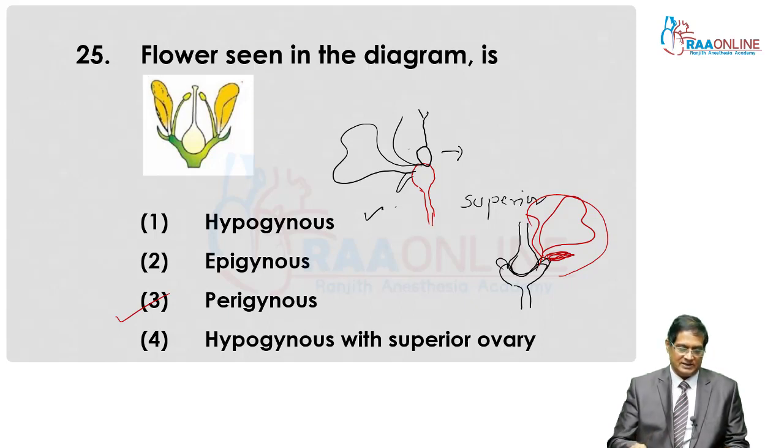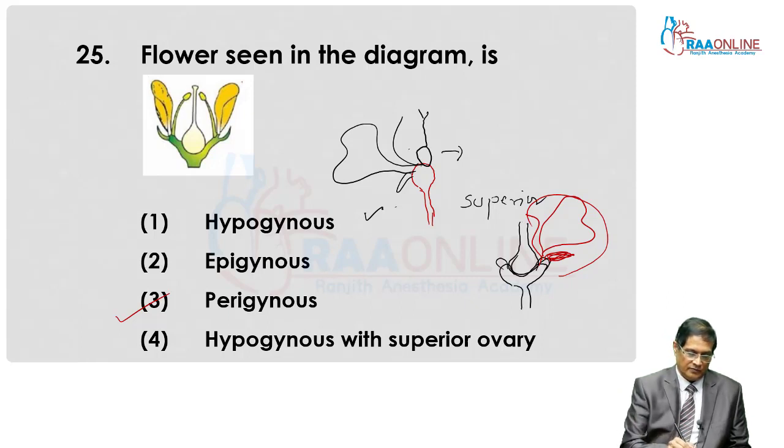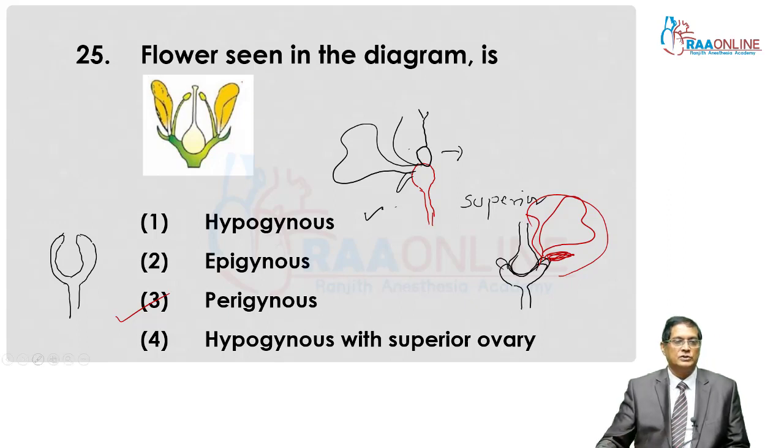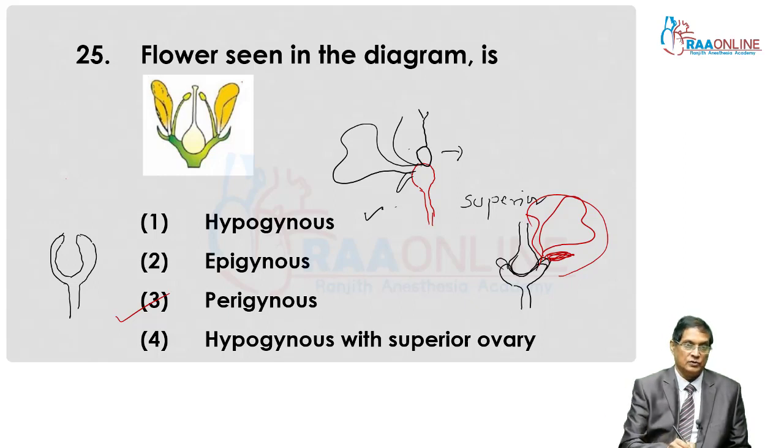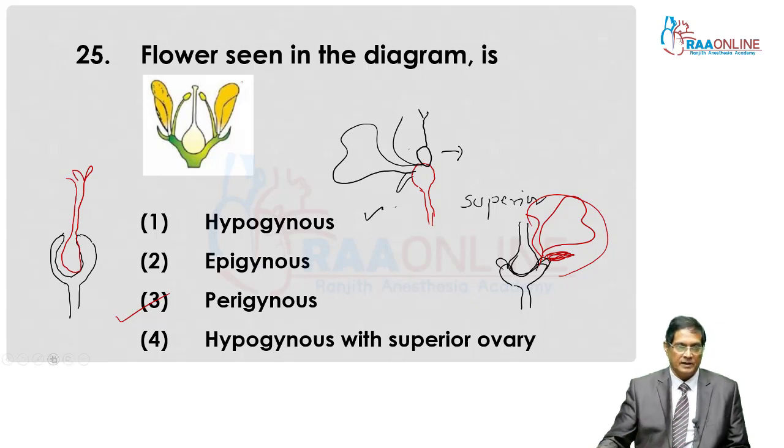In the third case, a flask-like thalamus is present, in which the ovary is enclosed. See this ovary, it is in the thalamus. And what about the other whorls?